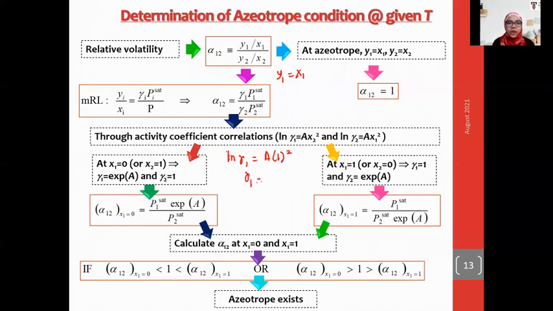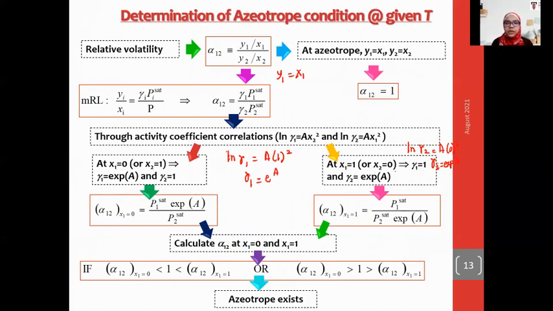So we can have exponent A. And if x1 equal to 1, so ln gamma 2 equals 0, so gamma 2 equals exponent A, and gamma 1 equals 1.